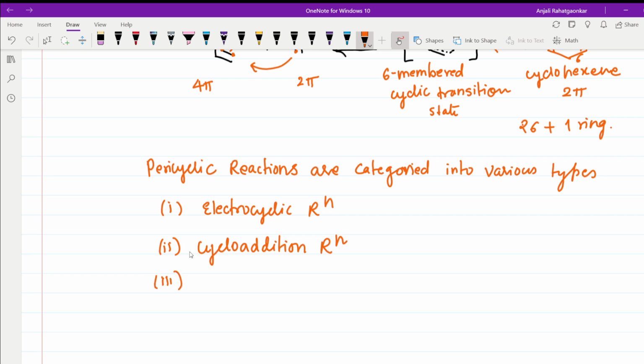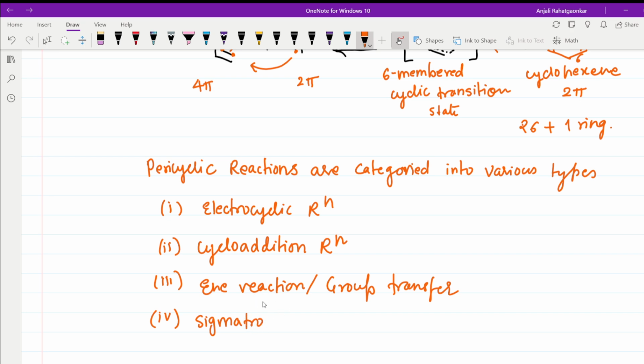Third reaction is the ene reaction, or you can say this is a group transfer reaction. This is also called a group transfer reaction. Fourth, actually I should write it in the third position, the sigmatropic, because this is an extremely important reaction.